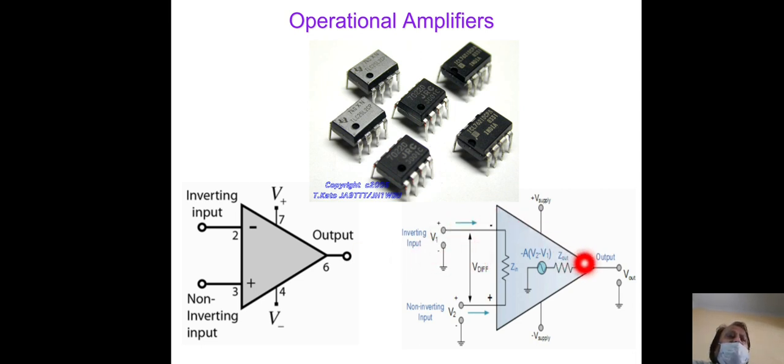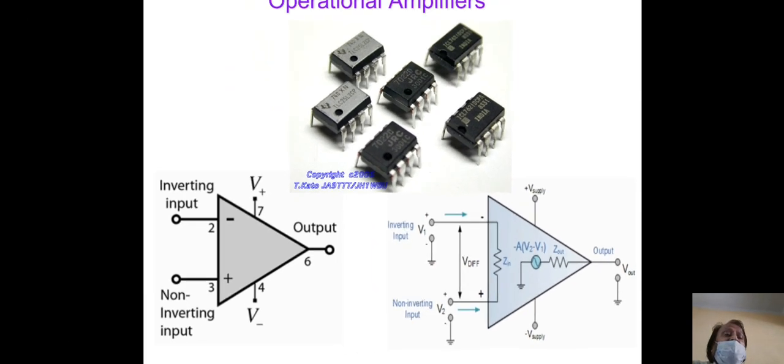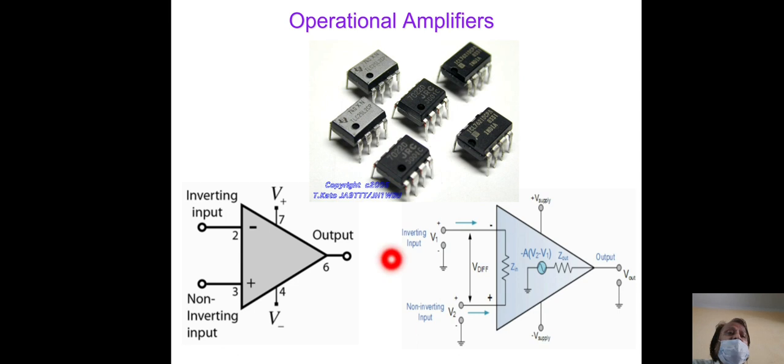And here is the equivalent circuit of the operational amplifier. It shows the internal circuit. The input impedance Zin is connected in parallel across the two differential input terminals, the inverting input terminal and the non-inverting input terminal.